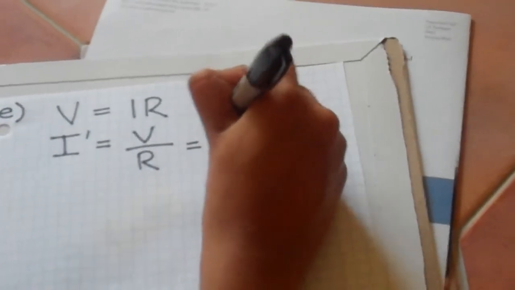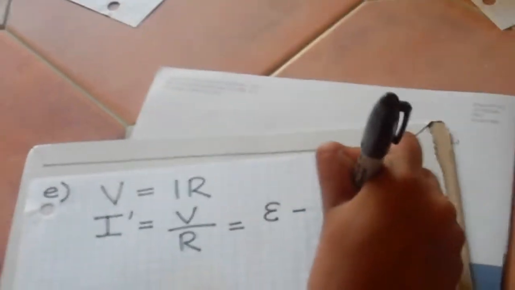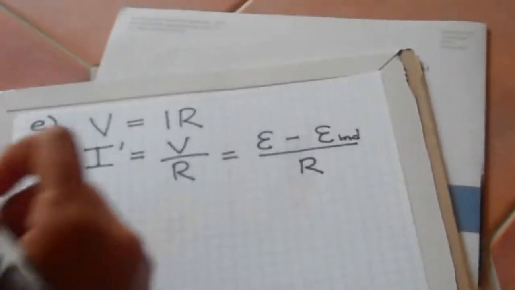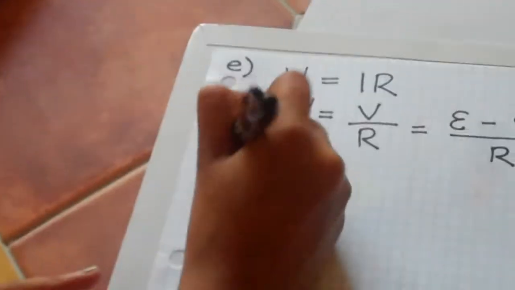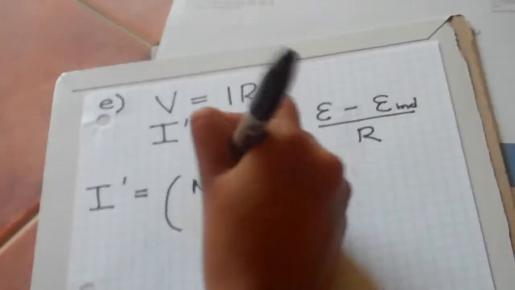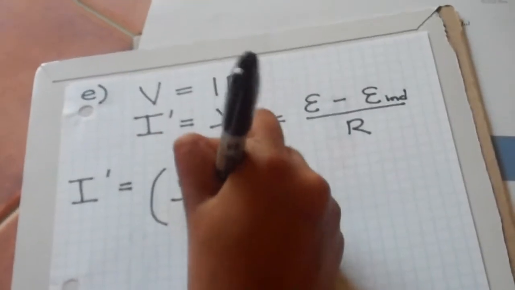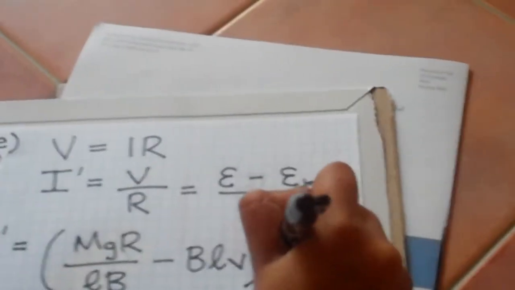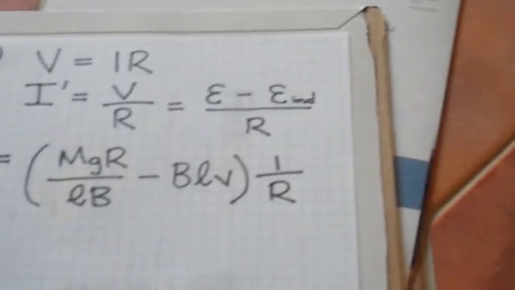So our new expression for V, now that we have this new change taking place, is the original EMF minus the induced EMF over R, which has not changed. Now we can plug in the values we already have for our EMFs. I prime equals mgr over LV was our original, minus BLV, and that's times 1 over R.